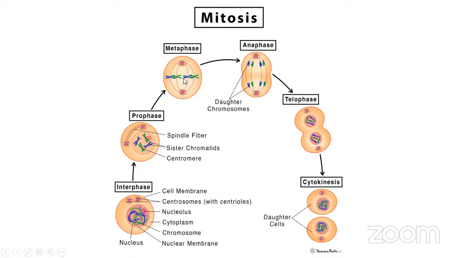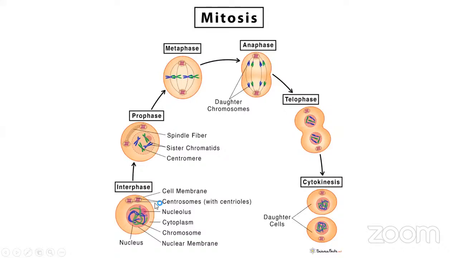Mitosis consists of many stages. It starts with the stage called interphase, then prophase, metaphase, anaphase, telophase, and cytokinesis. We have studied these steps in our theory classes, but for the time being, let's see in brief what is present in each stage.